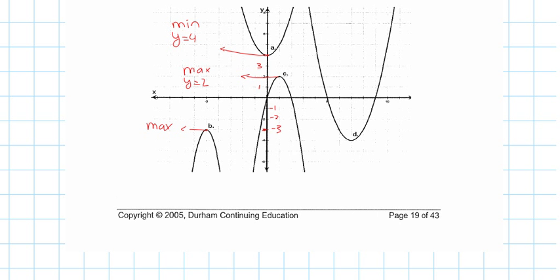Right, because it's in the negative y values, yeah? No, that's a negative. And then this is a max or a min? Y equals -4. Yeah.